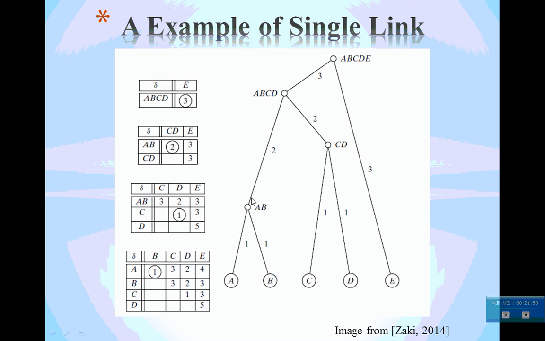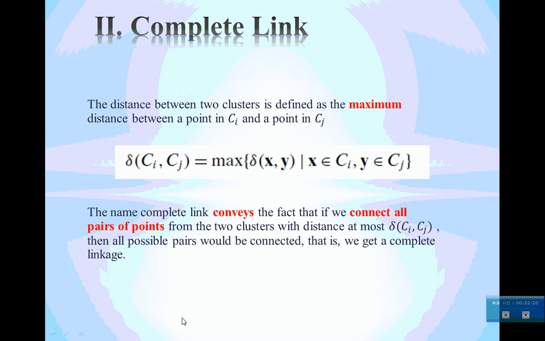So we first combine AB and CD into one cluster. Finally, just 2 clusters, so we again combine them into one cluster. This is a very simple example because we just choose the minimum distance. And here's another kind of distance defined as the maximum distance, which is very similar.